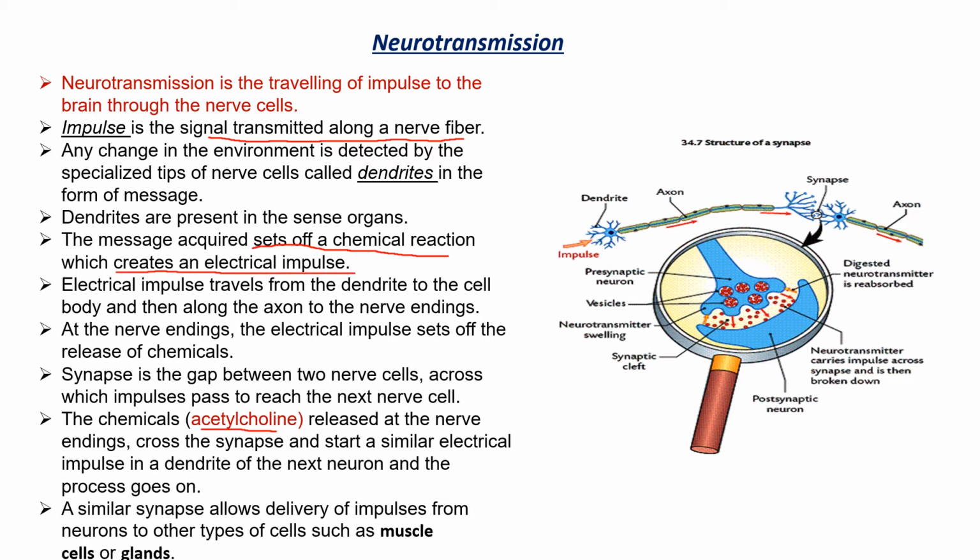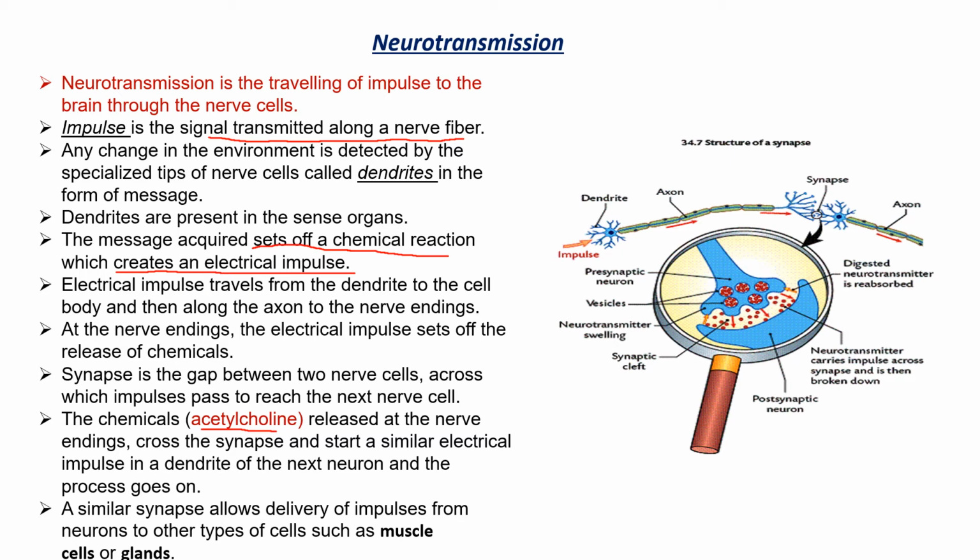Due to the change in the environment, there will be a chemical change in the nerve, and due to the chemical change, an electrical impulse is generated. That change is known as the sodium pump, but you don't have it in your syllabus. It is fine that you just know that it's a chemical reaction which creates an electrical impulse.